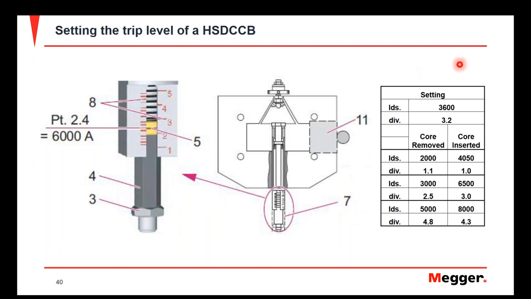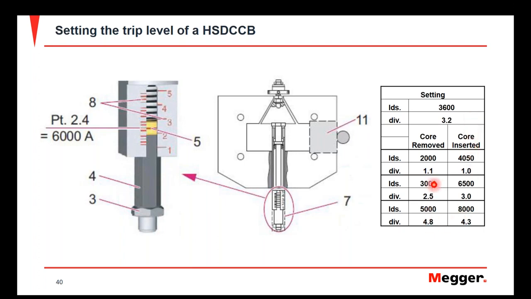Now, this chart here is representative of a chart that you're going to find on the nameplate of a high-speed DC circuit breaker. And you can see how there's 2 different columns for current levels for that breaker, as well as an initial setting of the breaker that comes from the factory. These values here are representative of the values that you're going to find the breaker set at when it comes from the factory.